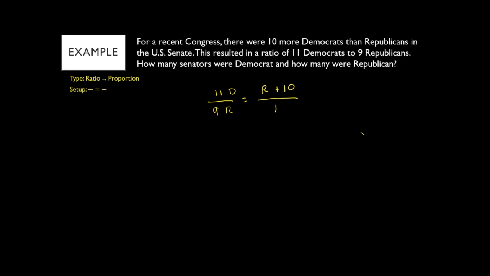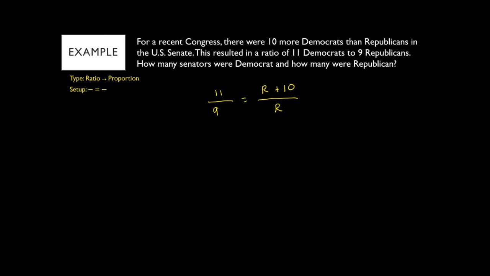And then on the bottom, we don't know how many Republicans we have, we just know that there is some number. So if R is representing Republicans, we know that the Democrats are 10 more than the number of Republicans. And so our ratio is set up with this R plus 10 over R.